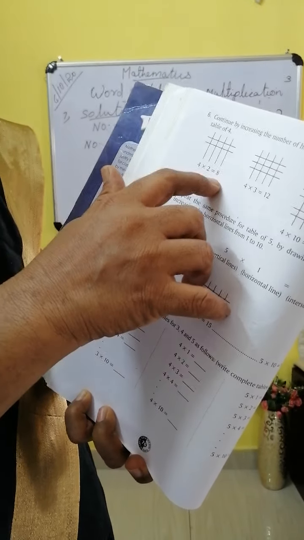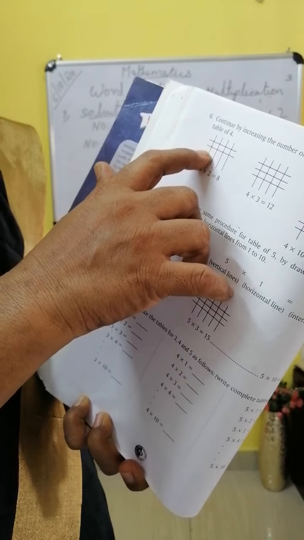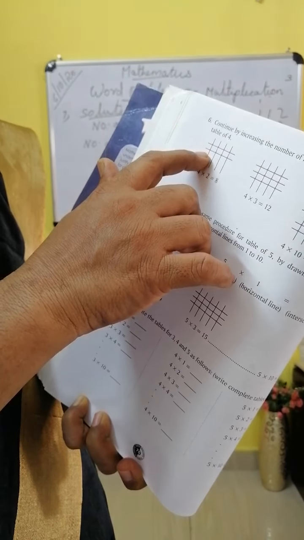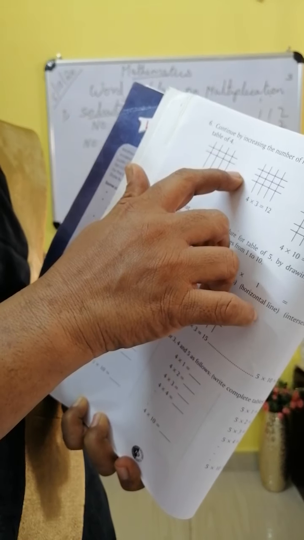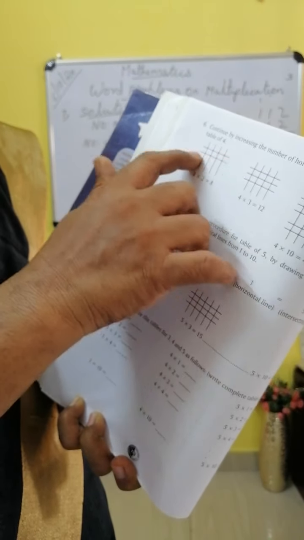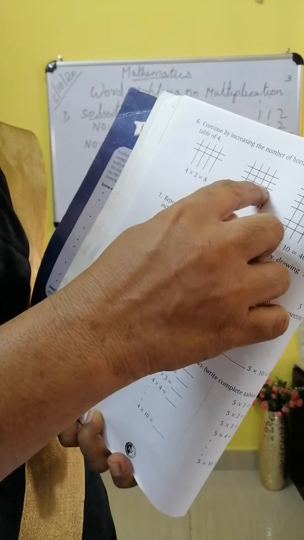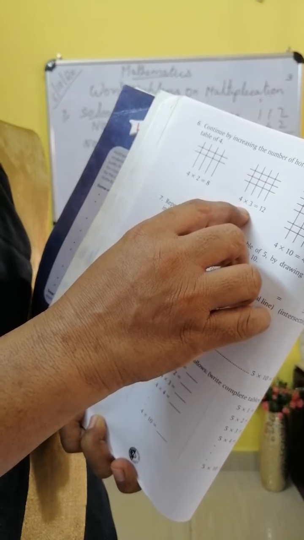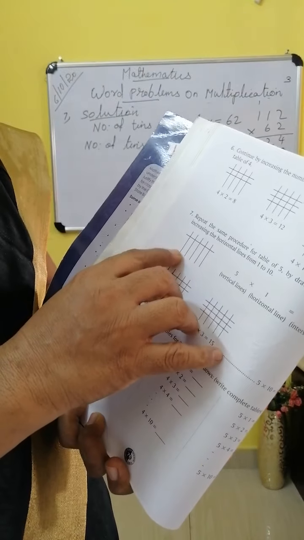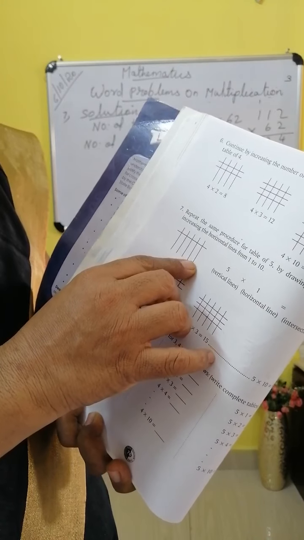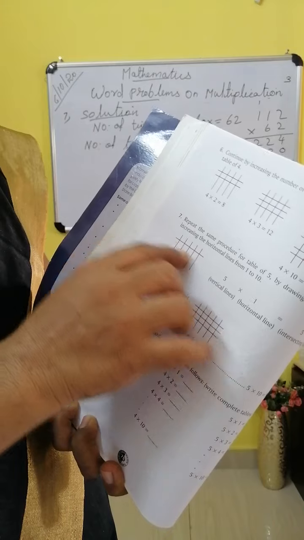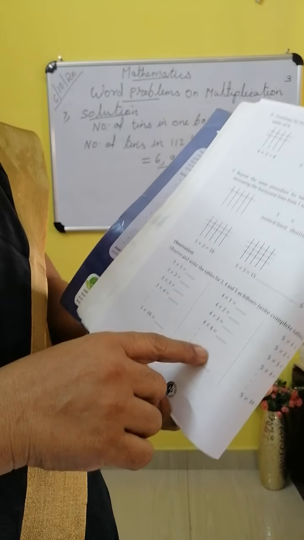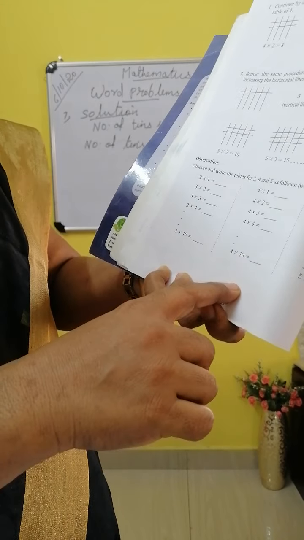See, 4 vertical lines, 2 horizontal lines. Here 3 horizontal lines, that is 3 times repeated. Here 1, 2, 3, 4, 5 vertical lines. So how many times it is repeated, you put a cross. So you can fill this one fully. Page number, table up to 10.